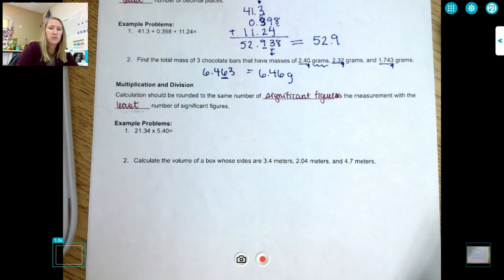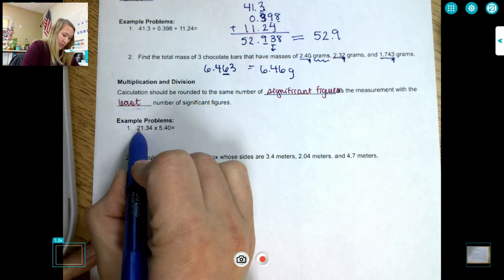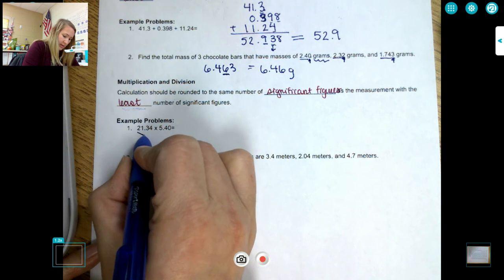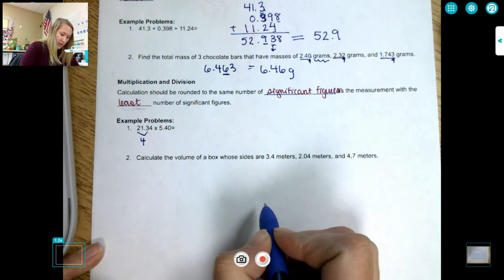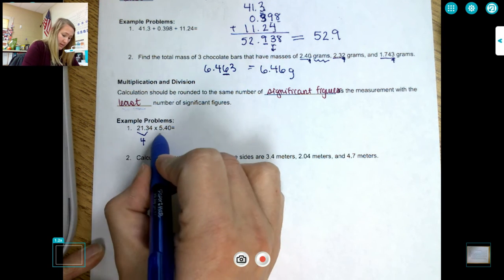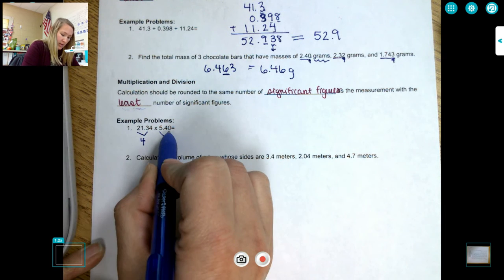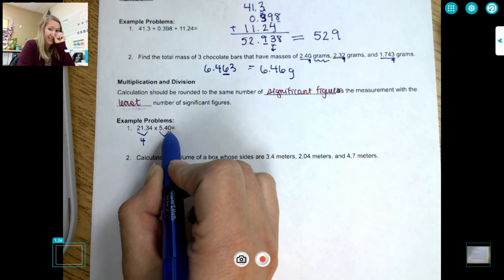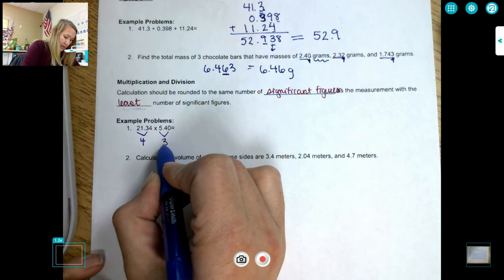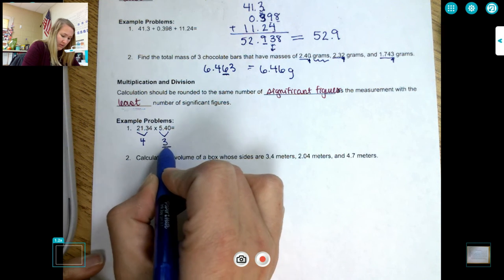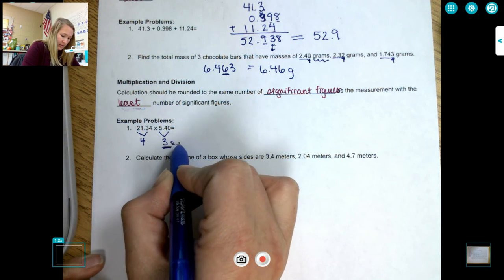So we always have to look to see how many sig figs we have in each of our numbers, and then we'll round our final answer accordingly. In my first problem, 21.34 gives me 4 significant figures, all non-zero numbers. My second number, 5.40, this 0 comes after a decimal place, so this has 3 sig figs. 3 is less than 4, so my final answer can only have 3 sig figs.